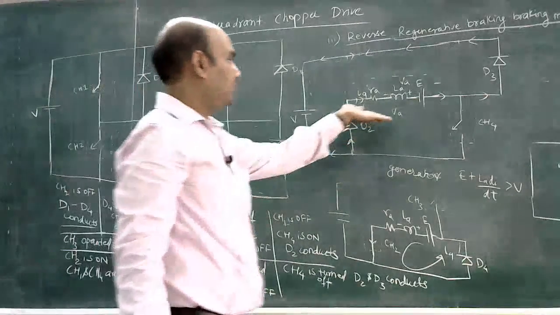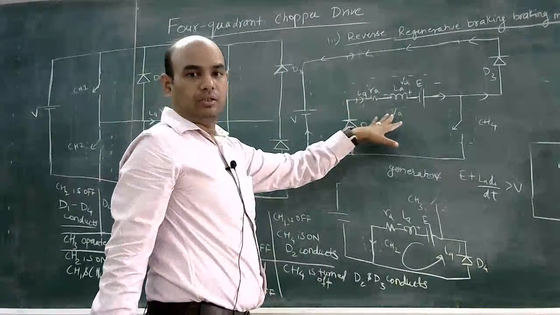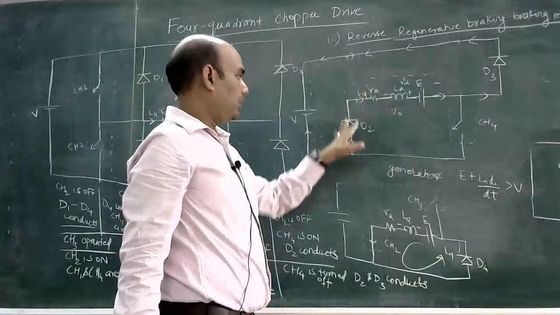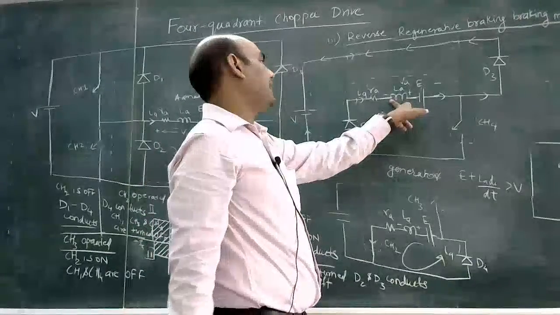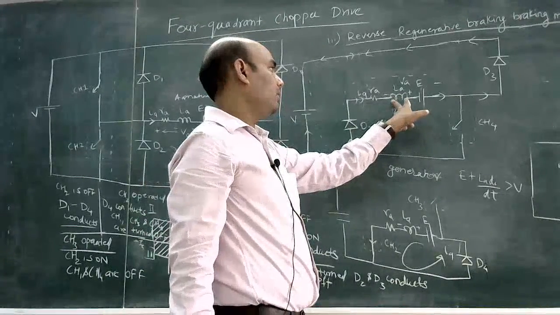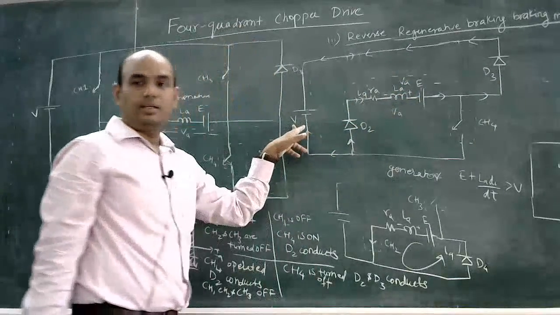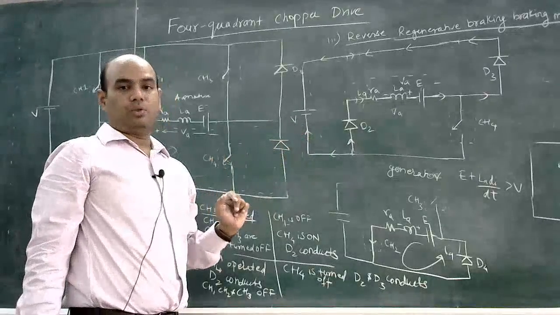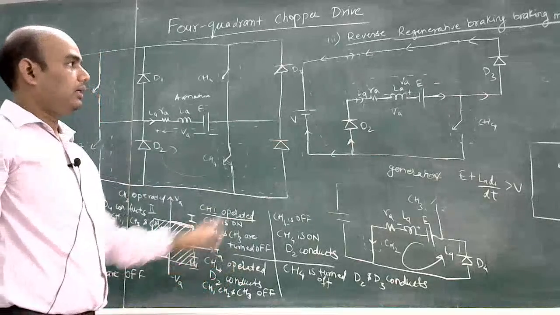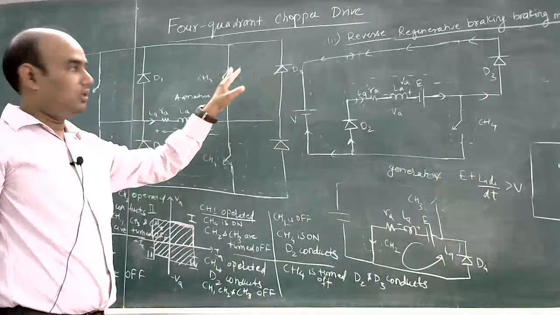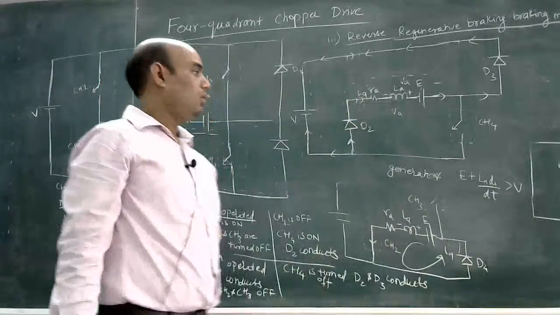So we have to increase this voltage so that the source becomes low compared to this generator. That's why we have connected D2, to increase the voltage across the armature. When the voltage across the inductor increases, it exceeds the supply voltage V. So the motor will run in the fourth quadrant, as current is in the opposite direction and voltage is greater than V and has negative polarity.